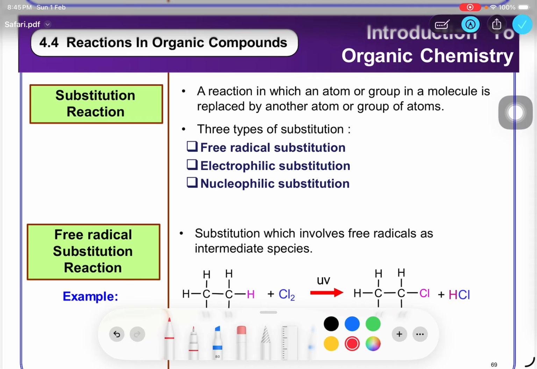Next type of reaction is substitution. Substitution has three types. The first one is called free radical substitution, and always the easiest way for us to identify free radical substitution is with the presence of UV.